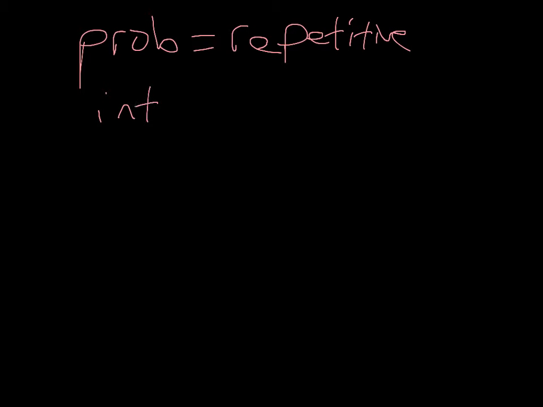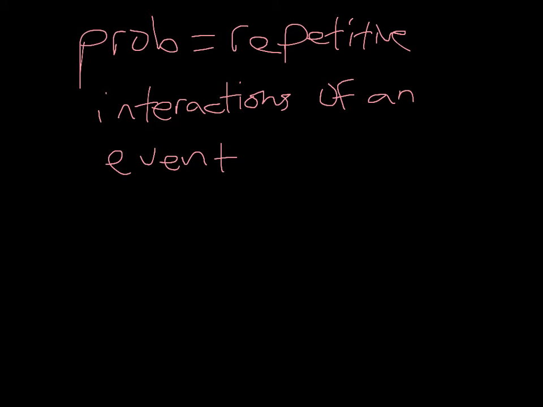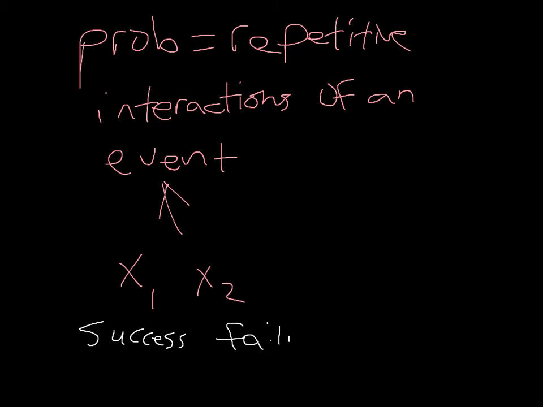Okay, in our case, the event is the launch of this product, or generally speaking, the random variable. The random variable can take one of two values, right? Which in our case is a success or a failure. But from a probability standpoint, it's the repetitive iterations of an event.